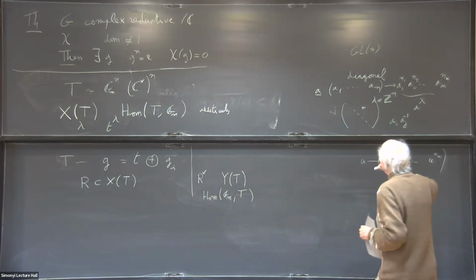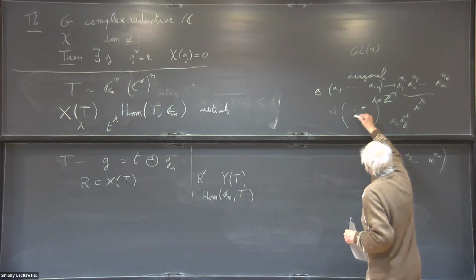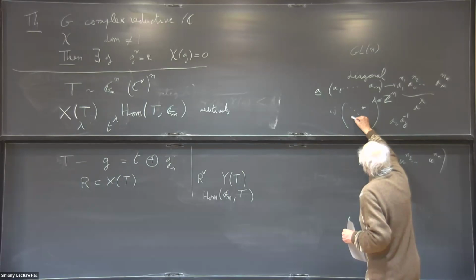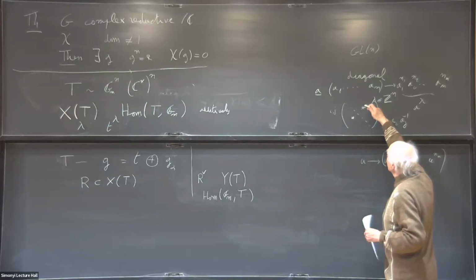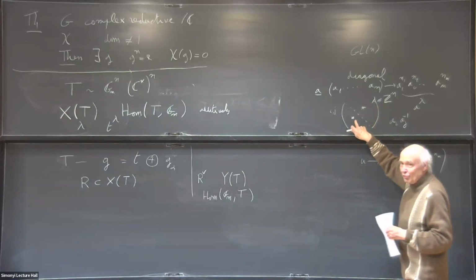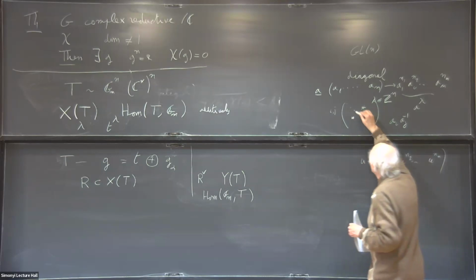I'll explain it for GLN first. Each time you have a root, you can look at the opposite root, where instead of something at the place IJ, you have also something at the place JI.